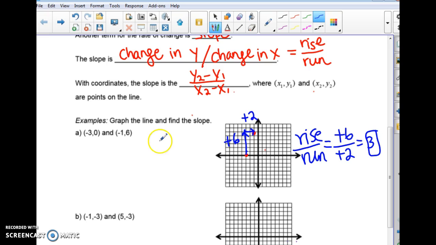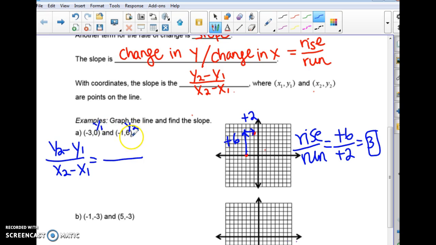But if you're only given the ordered pairs, then we're going to just use the formula, because rise over run is the same thing as change in y over change in x. So what does y2 mean? That's the second point's y. We always start from the second one, and then this is the first y.